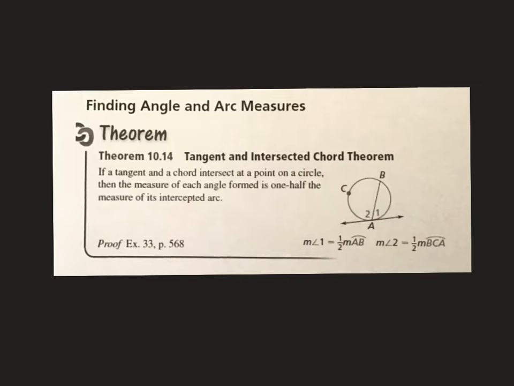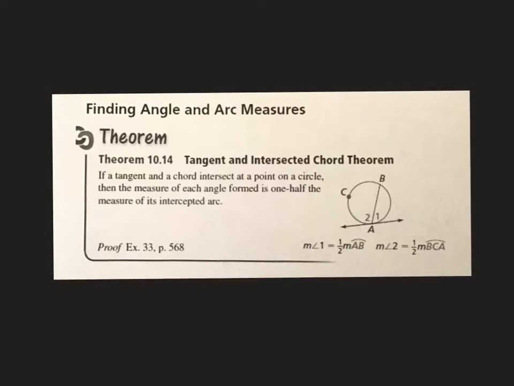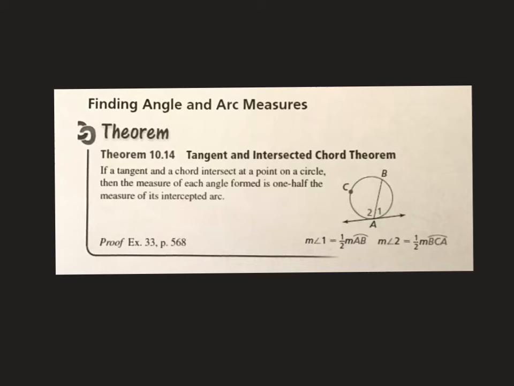So, Theorem 14, the tangent and intersected chord theorem, says that if a tangent and a chord intersect at a point on a circle, then the measure of each angle formed is half of the measure of its intercepted arc. So if arc AB was 80 degrees, then angle 1 would be 40 degrees because it would be half of that.